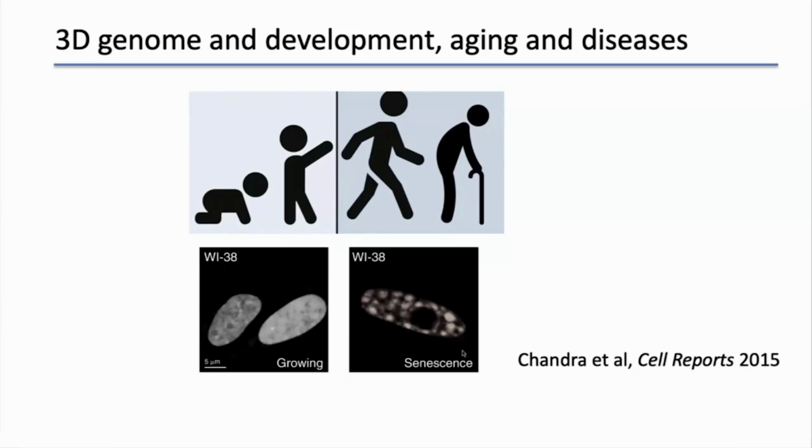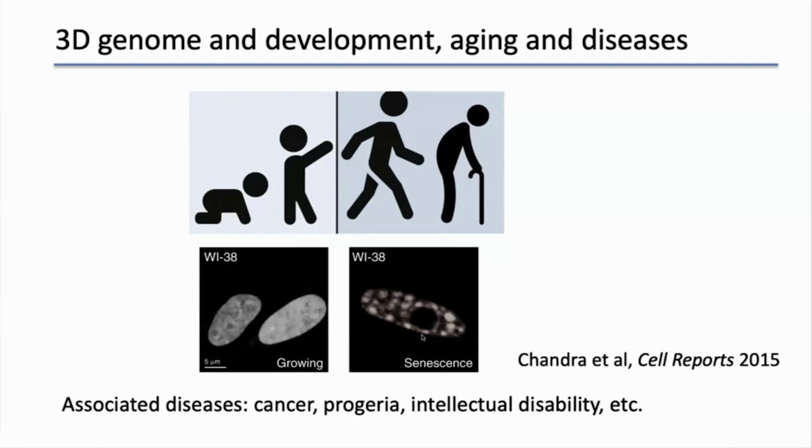And just from this coarse-grained staining, you can see the distribution of DNA in the aged cell look drastically different. And other kinds of DNA folding changes are also associated with severe diseases such as cancers, progeria, which is an early aging disease, intellectual disabilities, etc.